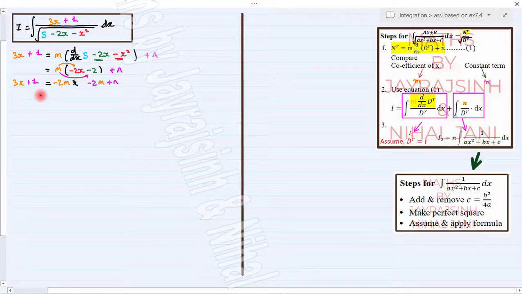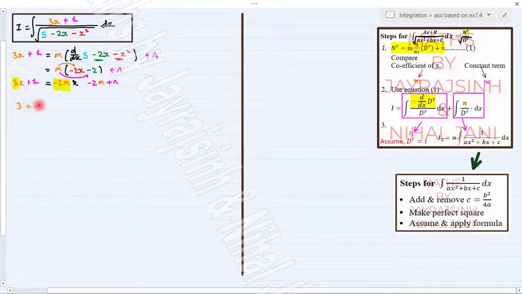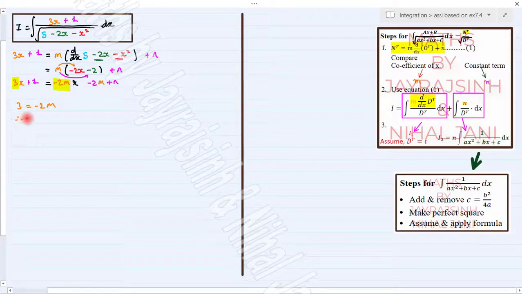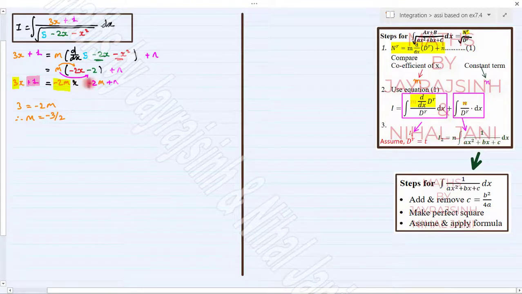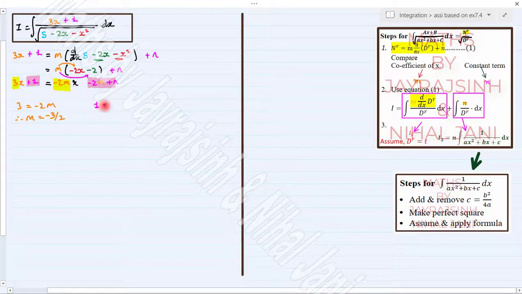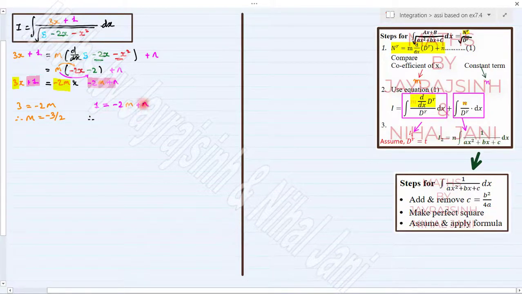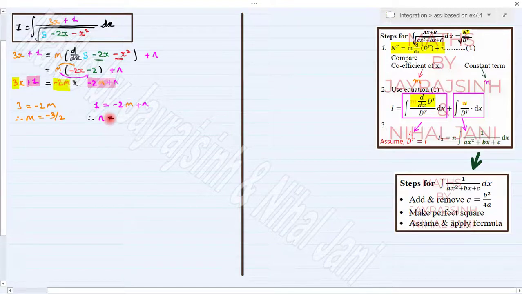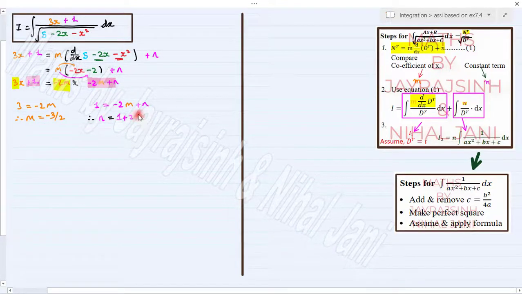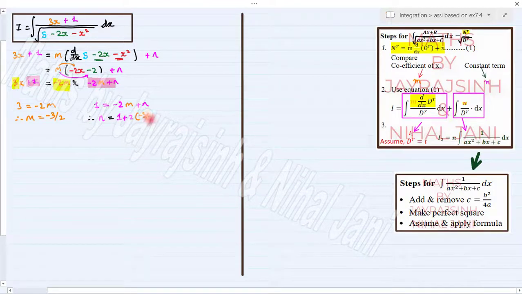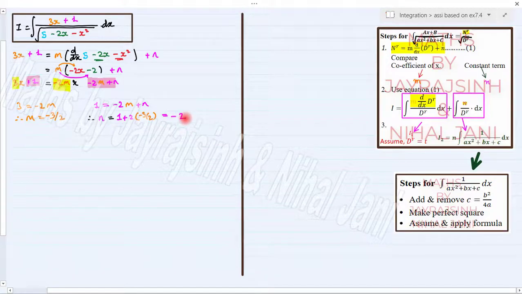Now, to get the value of m, we have to compare the coefficient of x. So we will get m is equal to minus 3 by 2. Similarly, to get the value of n, we have to compare constant terms. So we will get n is equal to 1 plus 2m, and since m is minus 3 by 2, this will give us minus 2.